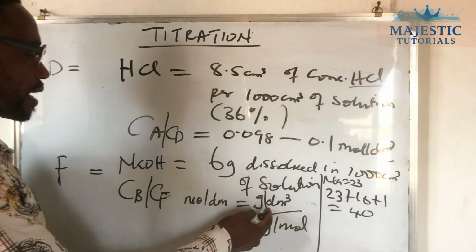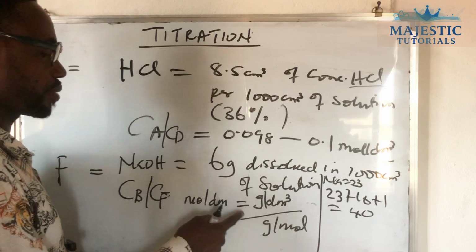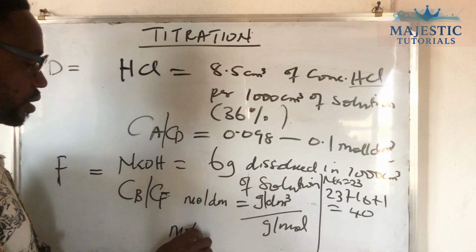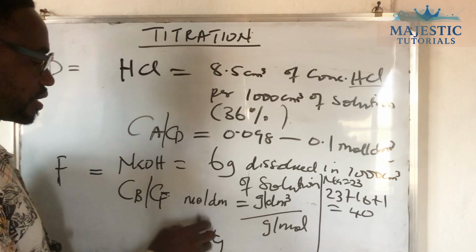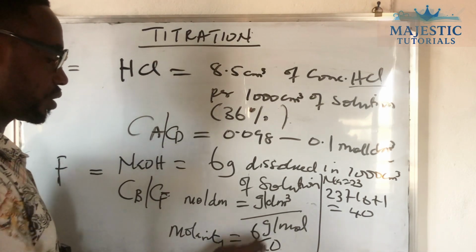So the mass given now is 6 grams. That's the mass concentration, and we already know the molar mass, which is 40. So what's our molarity now? Remember, molarity is the same thing as mole per dm cube. It is now equal to 6 over 40.